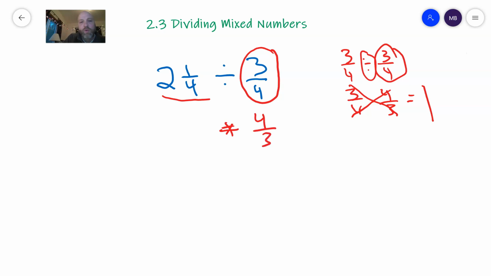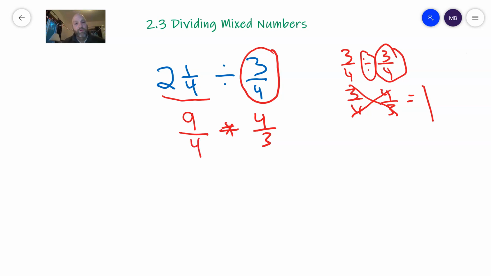But how do I do it? Some people have done this in partial products. They could say, oh, I just need to go 2 times 4 thirds plus 1/4 times 4 thirds. And that will work. But there's a much easier way, and that is to convert this number back to a fraction. So I know that 8/4 is the same as 2. So 2 and 1/4 turn out to be 9/4. And we have a lot of experience.